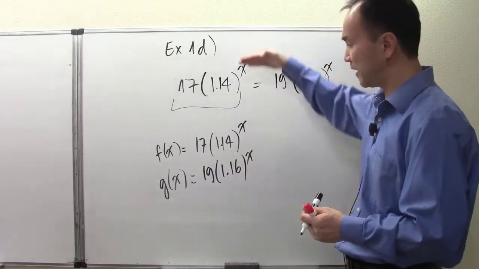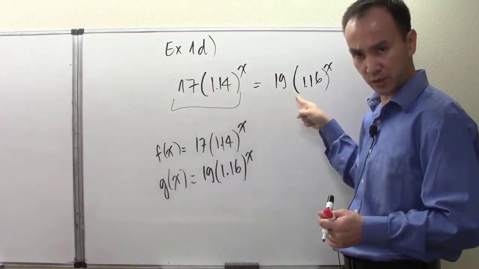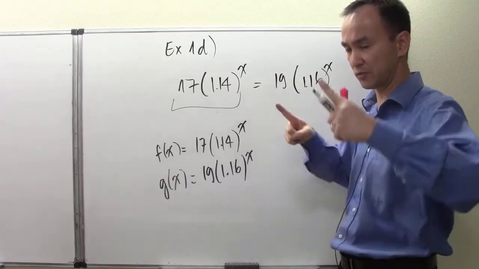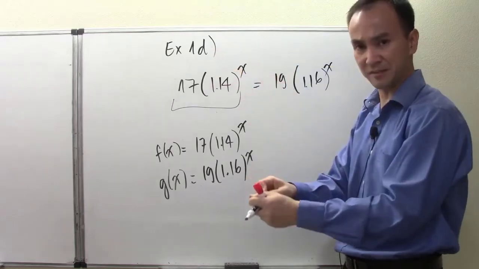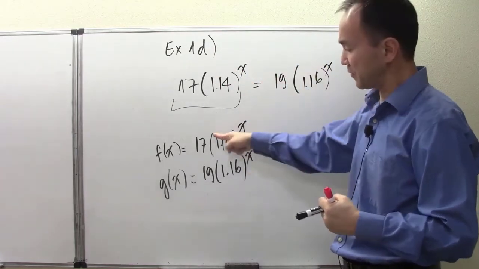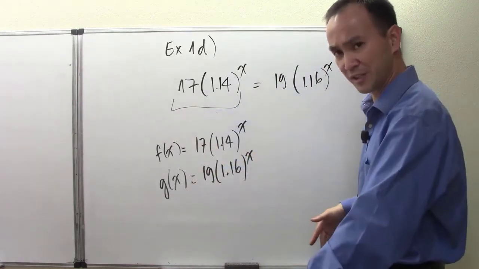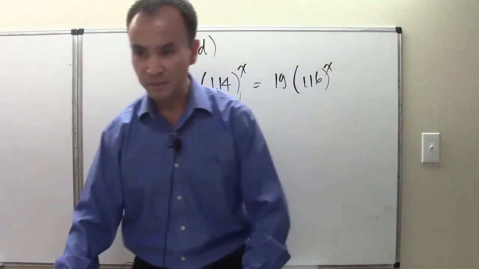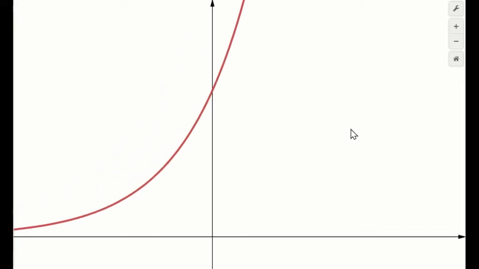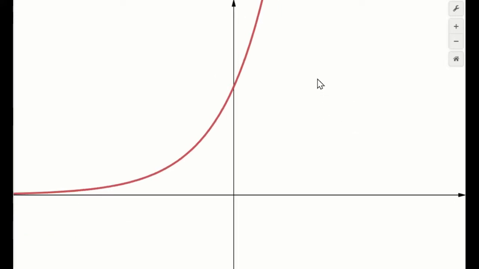So we want to find the x values where the graph of this function crosses the graph of the other function, or where the two graphs cross each other, or the x value satisfying f of x equal to g of x for the outputs. Once again on my graph, this is the graph for f of x, 17 times 1.14 to the x.